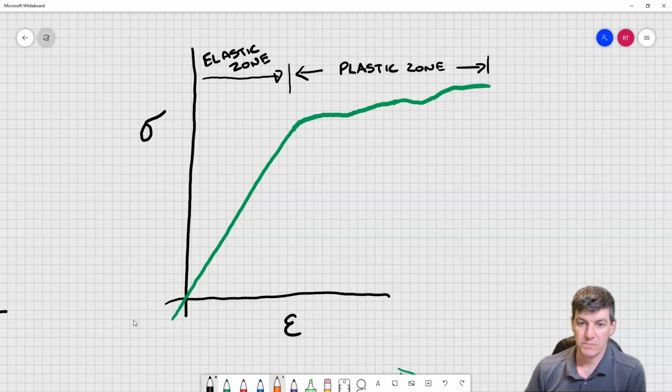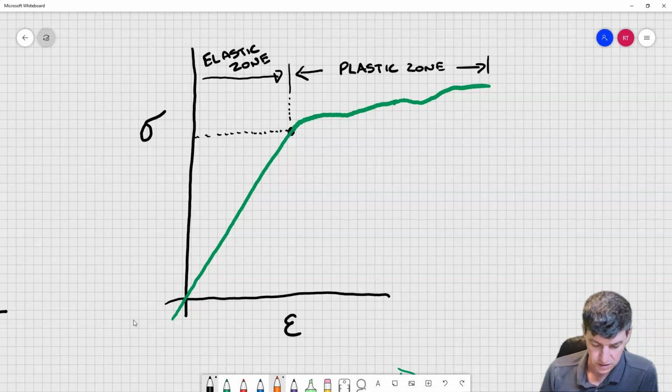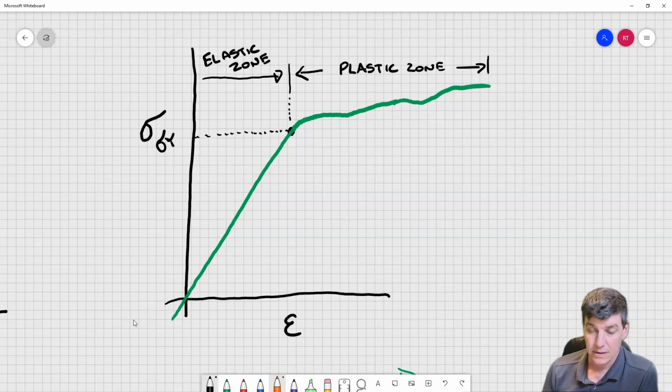It will never return back to its original shape. At the transition point, first of all, if we quantify how much stress occurred when we transitioned from the elastic to the plastic zone, that happened at what we consider to be the yield stress. I put a Y there, but that's our yield stress.